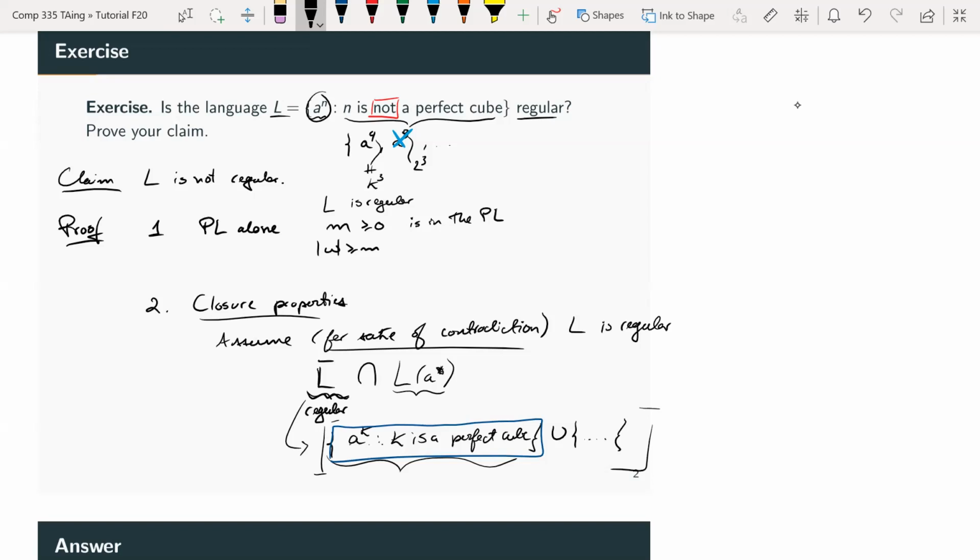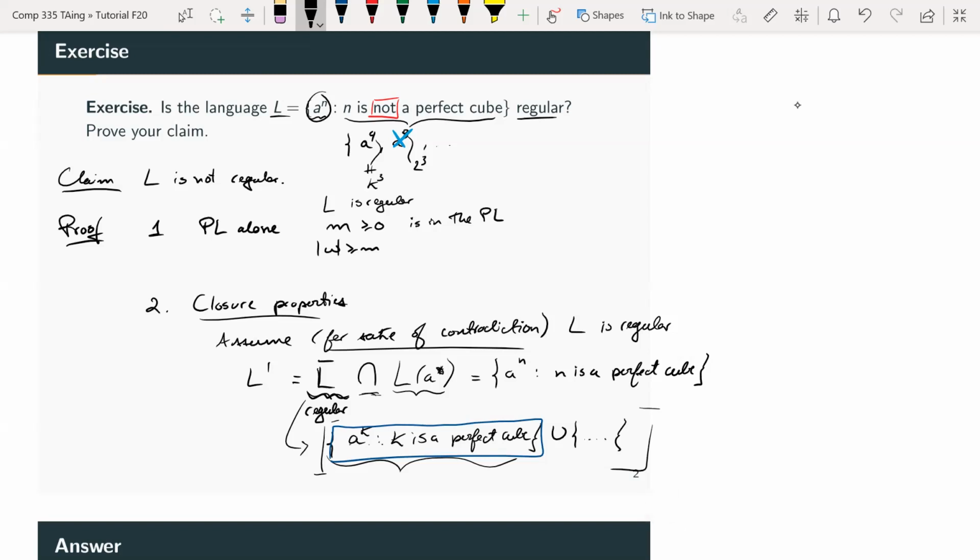But because of the property of intersection, what I'm going to get as my resulting language L prime is the language a to the n, such that n is a perfect cube.